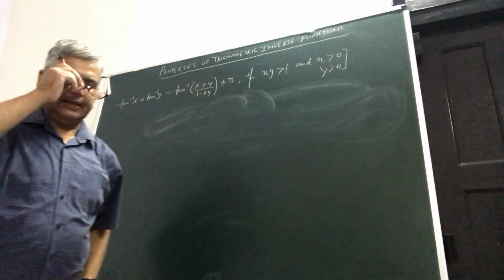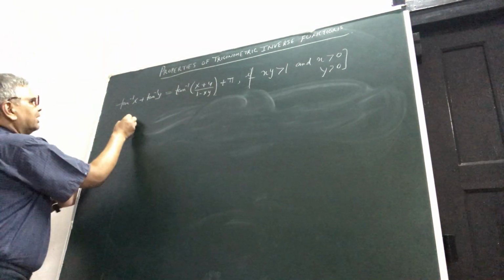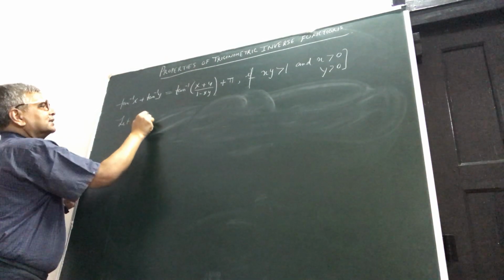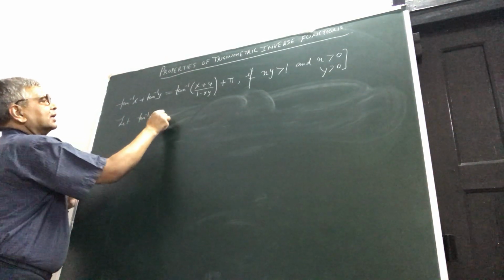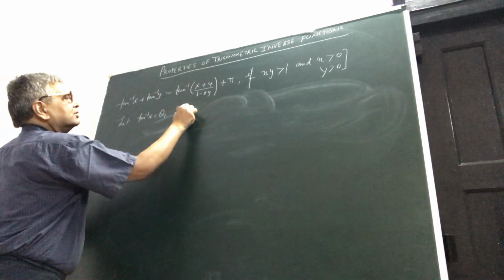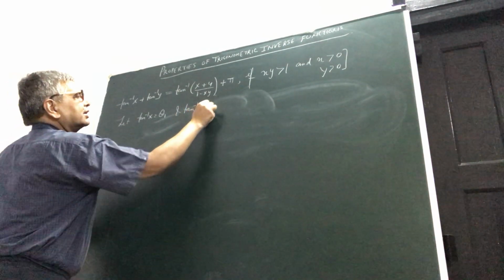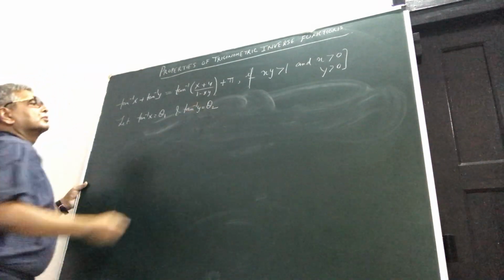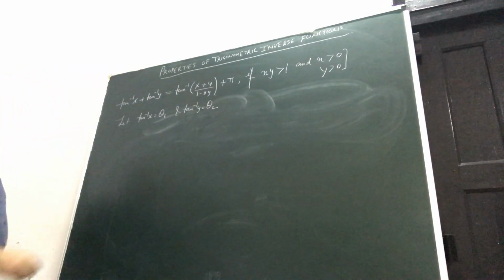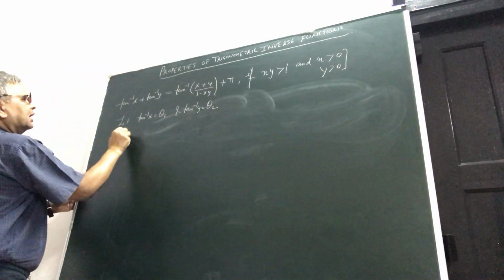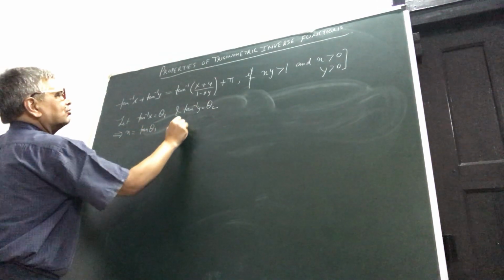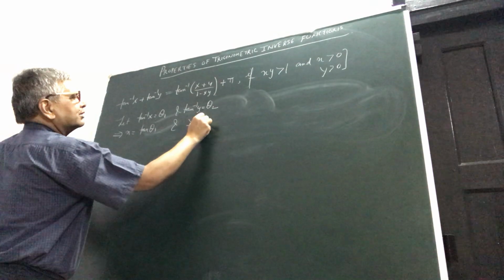So now see, what you will assume: let tan inverse x be equal to, say, theta 1 and tan inverse y be equal to theta 2. Fine. So this implies basically x is equal to tangent theta 1 and y is equal to tangent theta 2.